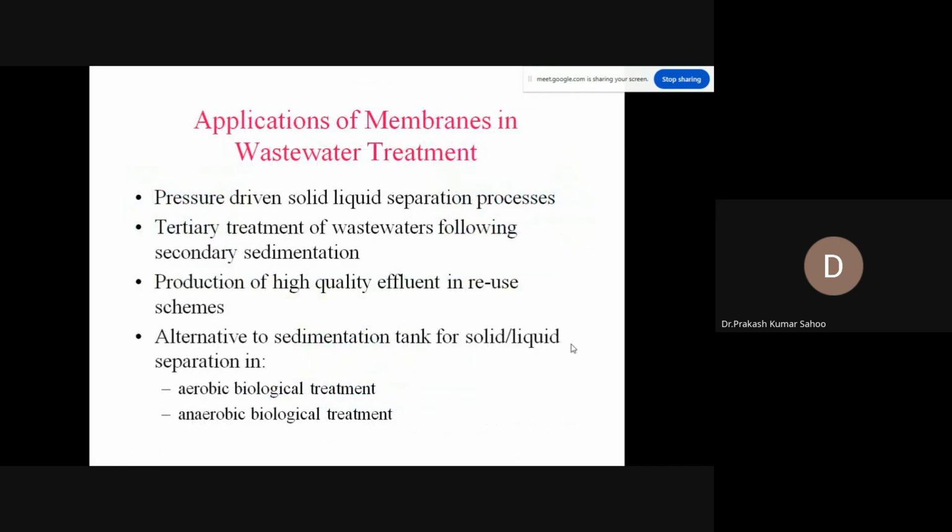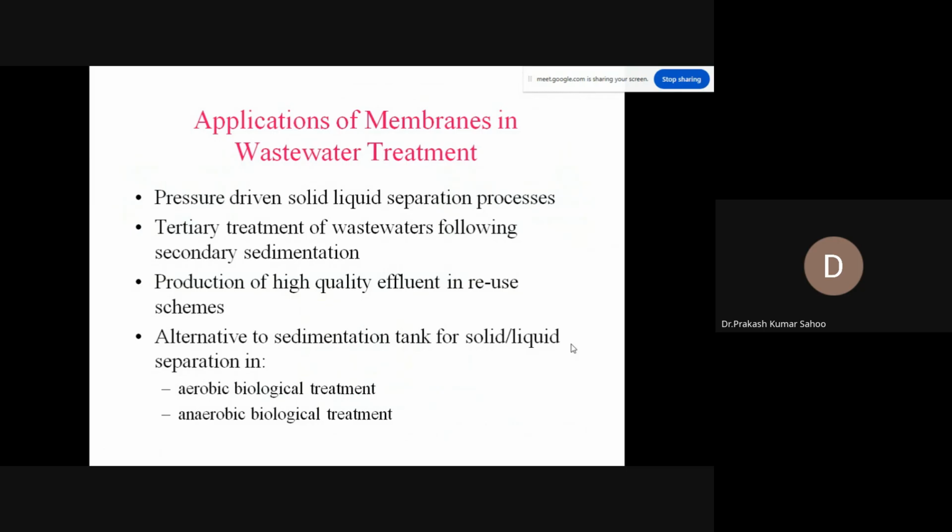The application of membrane in wastewater treatment. So this may be used as a pressure-driven solid liquid separation process, for tertiary treatment of wastewaters following secondary sedimentation, production of high quality effluent in a reuse scheme, and also as an alternative to sedimentation tanks for solid liquid separation, and in aerobic biological treatment and anaerobic biological treatment.